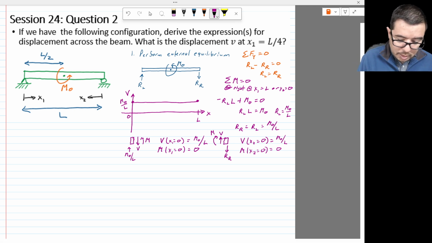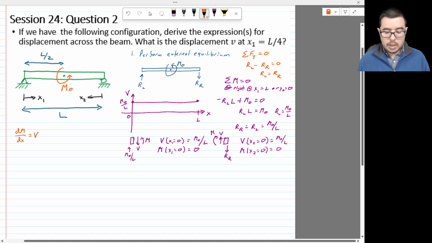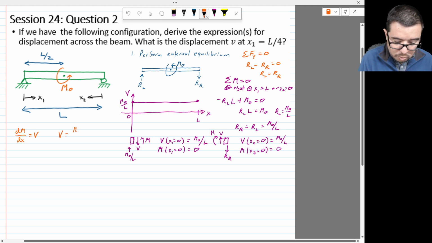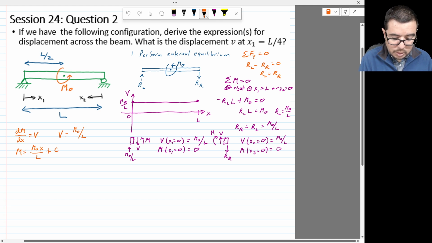If we use our integral differential relationships, remember that dM/dx is equal to the internal shear force. We've just said that V is equal to M naught over L, so that M is going to be equal to M naught, we'll integrate x over L, plus some constant.